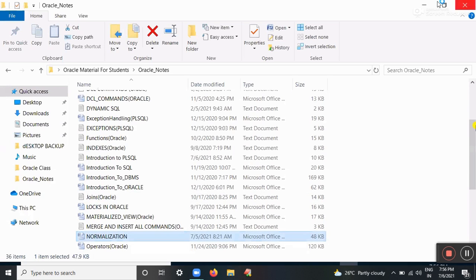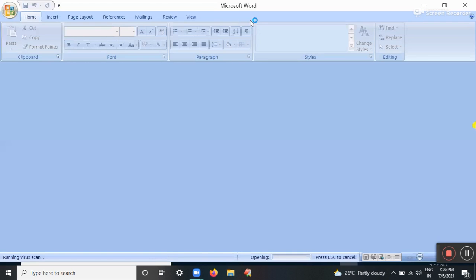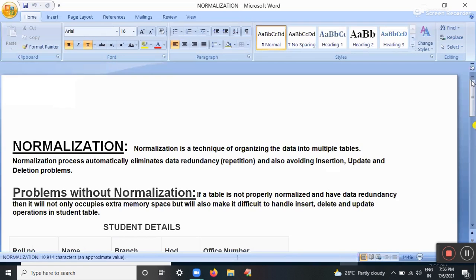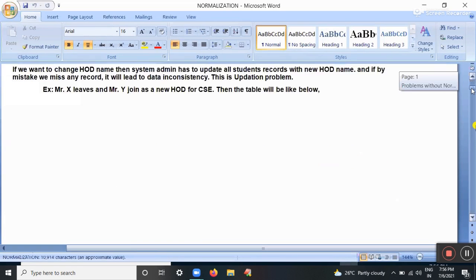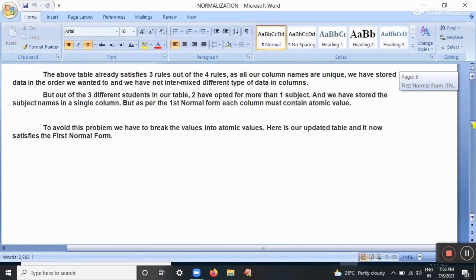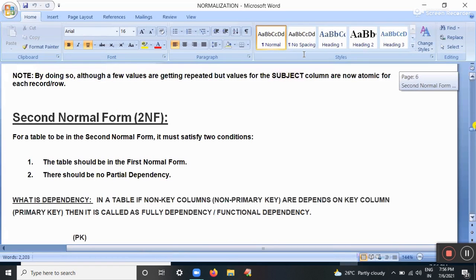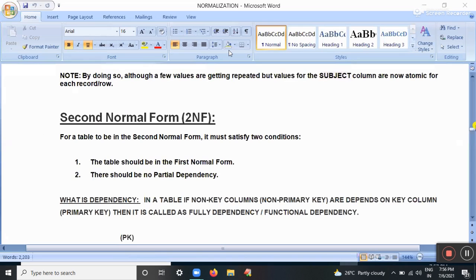So in normalization, two techniques we completed: first normal form and second normal form, partial dependency and dependencies. Up to two normalization techniques we completed. Okay, the third technique here, observe guys now.